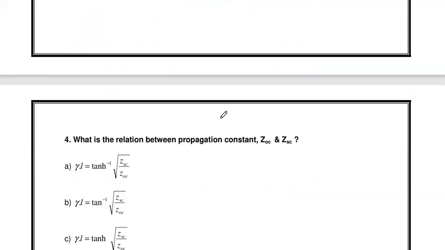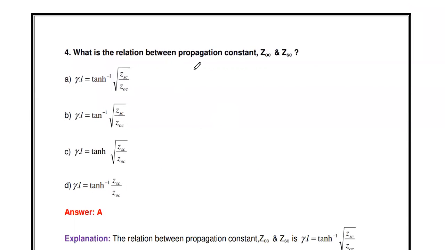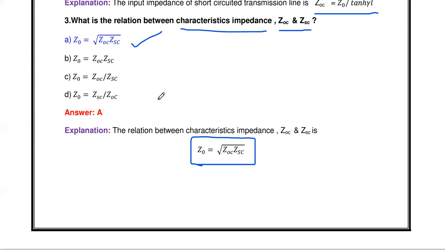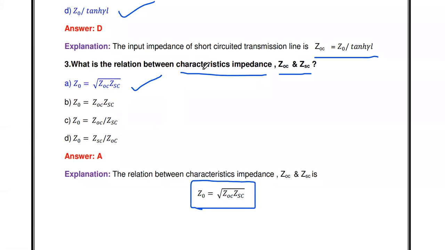Then the next one: what is the relation between the propagation constant, ZOC and ZSC? In the previous question we discussed Z0 equal to the square root of ZOC into ZSC.